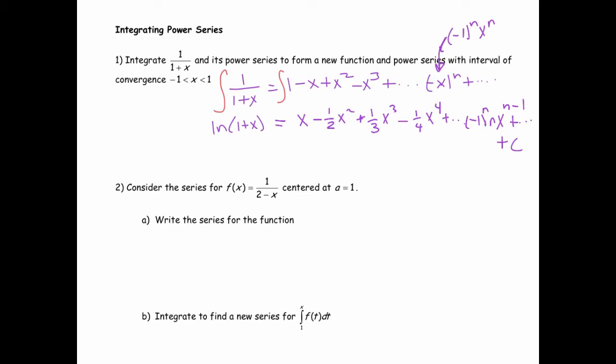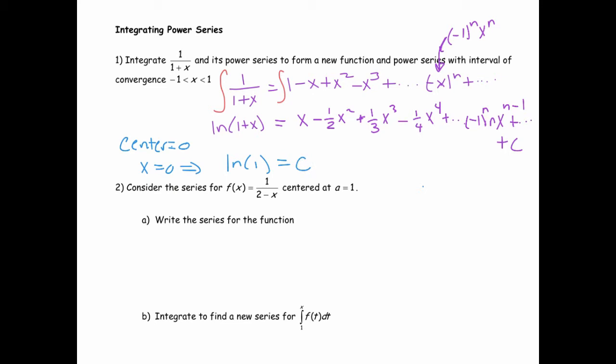right? When we take antiderivatives, there's a plus c at the end. So I add that plus c in because, in order to find the c, we just want to make sure that the two sides are equal, and the only time we're guaranteed that they're equal is when you evaluate them at the center. So the center of this power series is 0. So if I plug in 0, you get natural log of 1 equals, everything goes away on the right-hand side except a c.